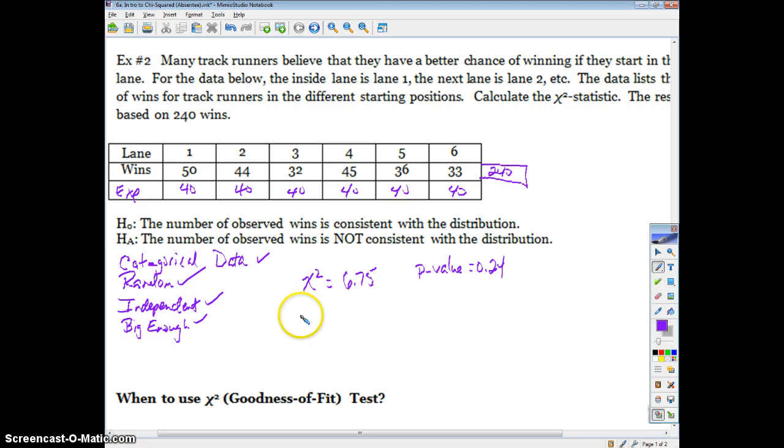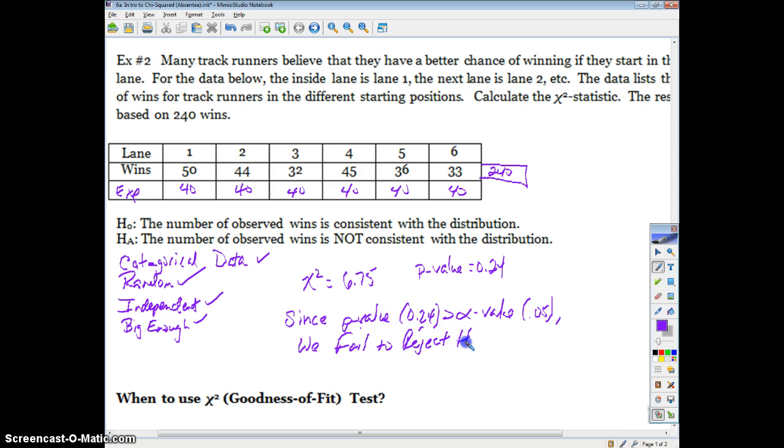So since the p-value 0.24 is greater than the alpha value 0.05, or any one that we would actually use, we fail to reject the null hypothesis.